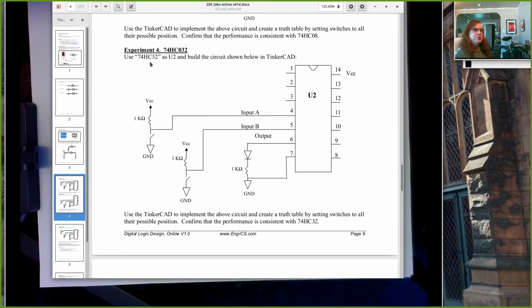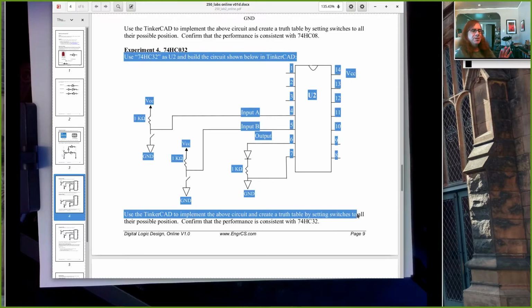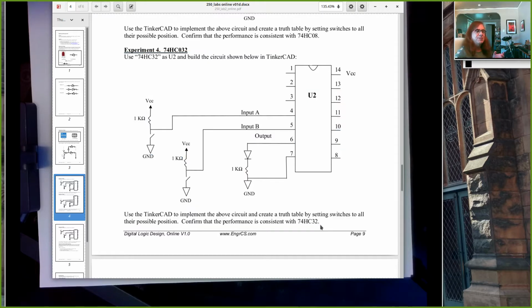Use this chip as U2 and build a circuit shown below in Tinkercad. Use the Tinkercad to implement the above circuit and create a truth table by setting switches to all their possible positions. Confirm that the performance is consistent. If you read this description, it's fairly clear what you're supposed to do for this experiment.